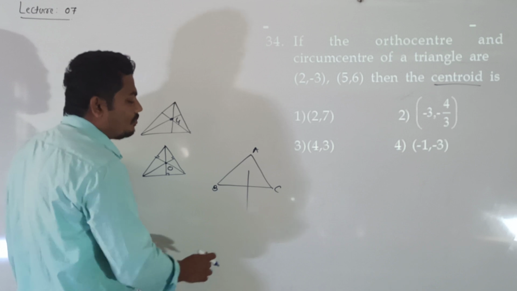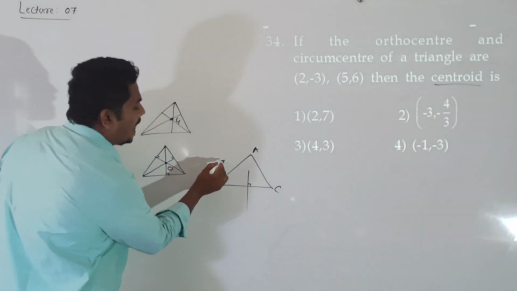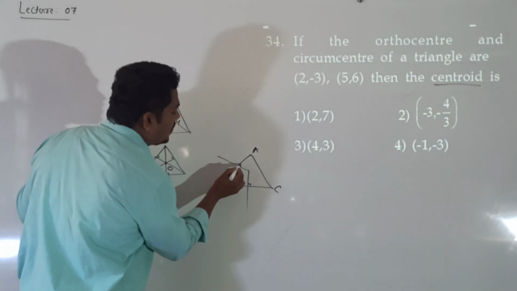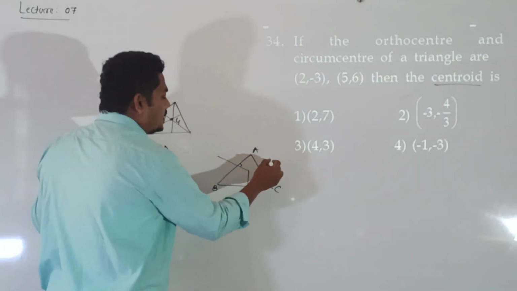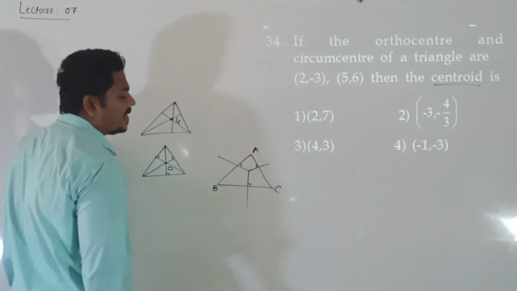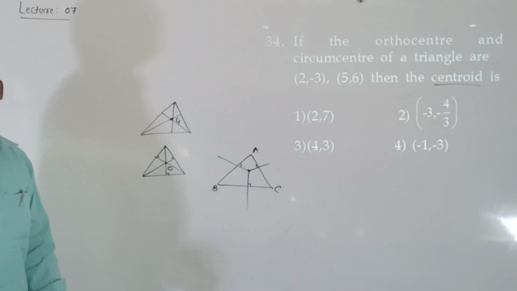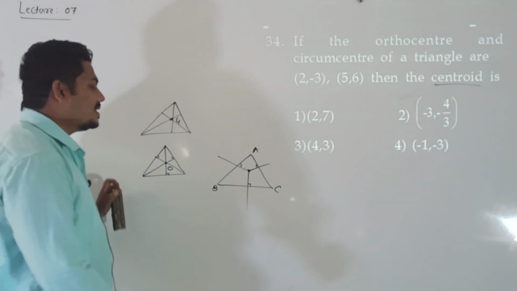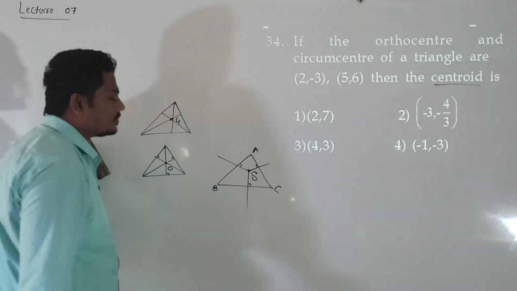This line is the perpendicular bisector of BC, this line is the perpendicular bisector of side AB, and this is the perpendicular bisector of side AC. The point of intersection of perpendicular bisectors is known as the circumcenter. It is denoted with capital S.